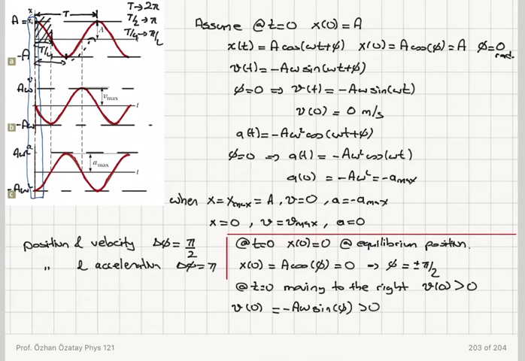So if I look at velocity at time t is equal to 0, minus a omega sine phi, I want this to be positive. So I have two candidates. Phi is pi over 2 or minus pi over 2. So phi should be minus pi over 2, so that sine of minus pi over 2 is minus 1.